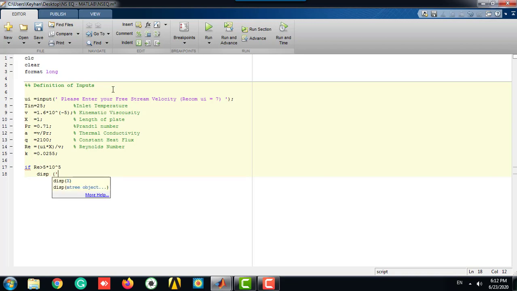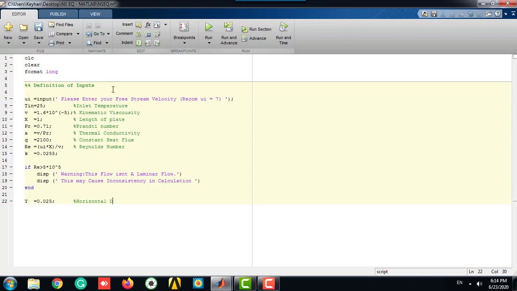If the Reynolds number is more than 5 times 10 to the power 5, we send a warning to the user that this calculation must be changed, because it is based on laminar flow and the current condition is turbulent. And write the end.